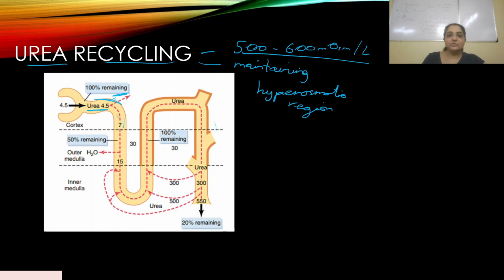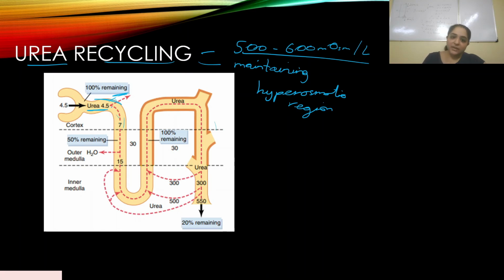So this is what we want to achieve: a concentrated urine where water is moved out, but the solutes are excreted like they should be. Over here urea is being reabsorbed, but water is more permeable as compared to urea.